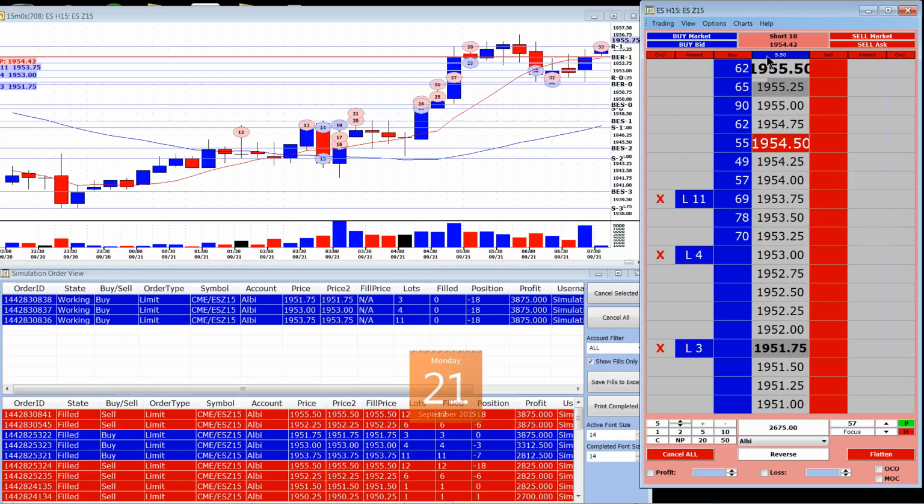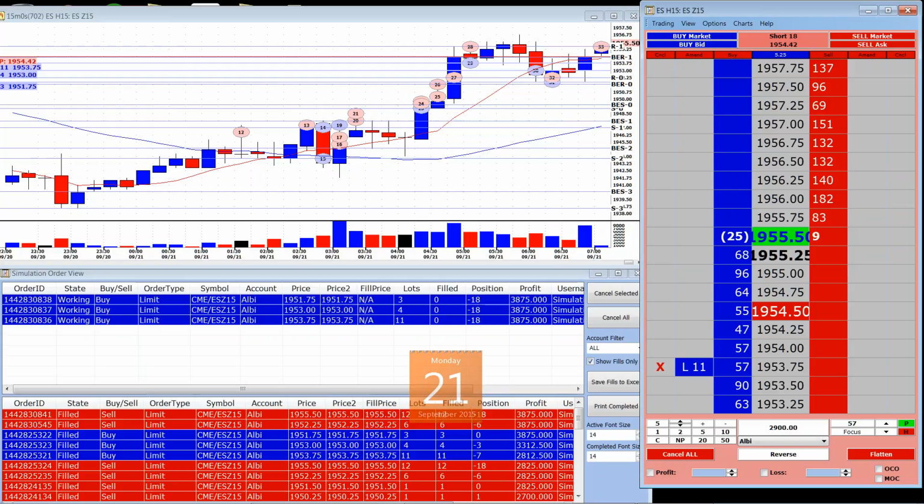We are now short 18 contracts, no longer 6, because we got filled with 12. Our new average price or scale-in price is 1954.42. That's the actual, what's represented here and rounded off is 1954.50.